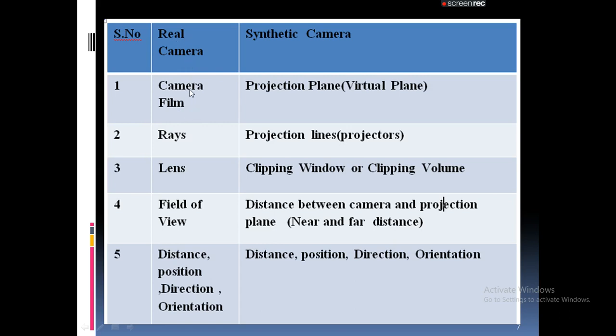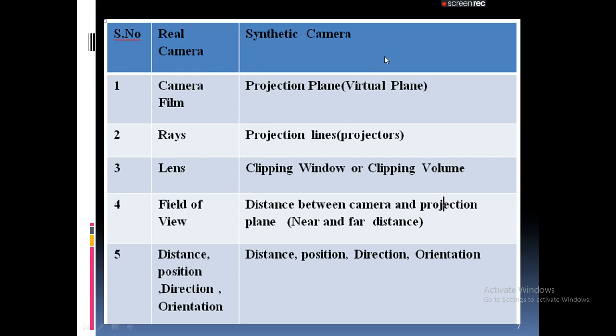In a synthetic camera, in computer graphics or OpenGL, the same camera film is called a projection plane, or a virtual plane. In three-dimensional viewing, the projected image is displayed on the projection plane.